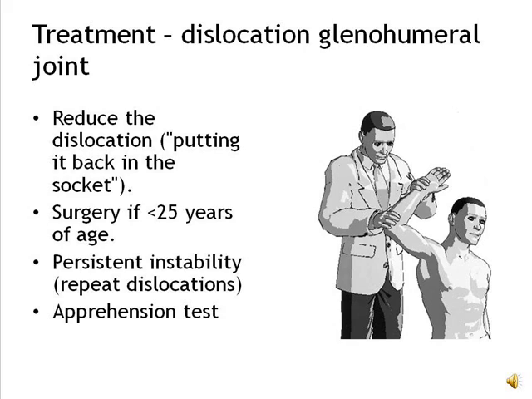Patients who are 25 or younger generally require surgery. Persistent instability of the shoulder usually requires surgery. And the surgery involves repair of the torn soft tissues.